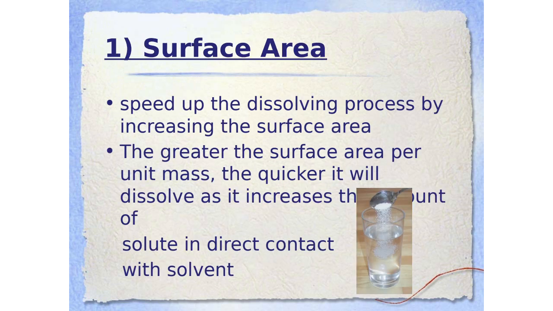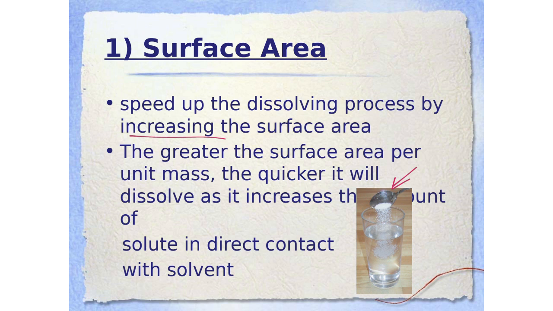When we talk about surface area, we can speed up the rate of dissolving by increasing the surface area. What this means is breaking up the solute particles into smaller bits that can be more exposed to your solvent. If this is sugar, for example, think of a sugar cube versus granulated sugar.